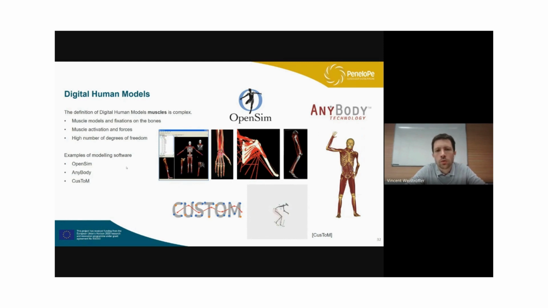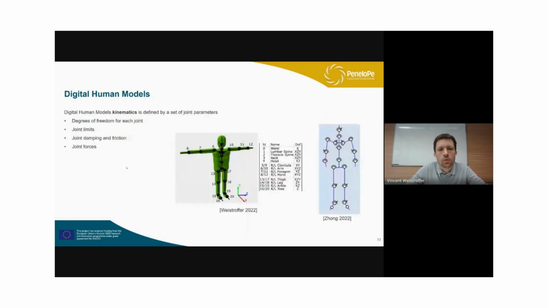And it also gives a really high number of degrees of freedom in the model, because if you only have a skeleton, then generally you would get something like 50 degrees of freedom. Each degree of freedom is one of the joints here.